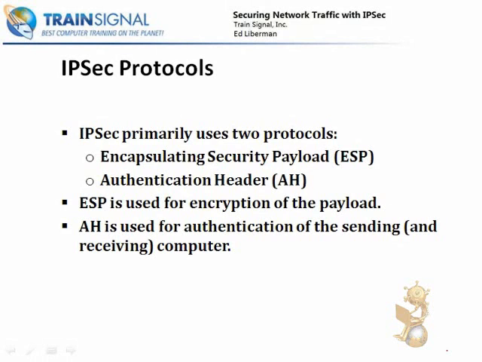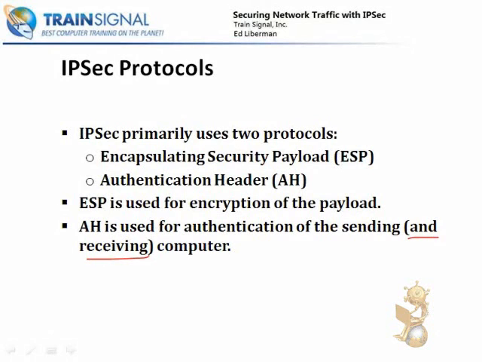And to really simplify this, if you were to go out on the internet and look up these protocols, you can see some pretty lengthy explanations and definitions. But to keep it real simple here, I just want you to hang on to one short piece of knowledge, and that is that ESP is used for the encryption of the payload, for the actual encryption of the data, whereas AH is used for the authentication of the sending (and receiving) computer.